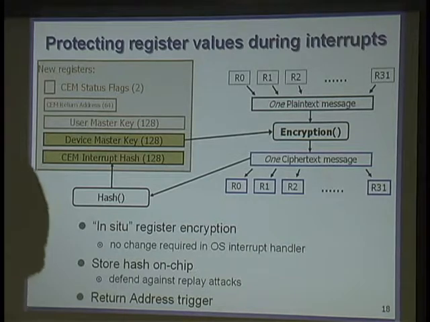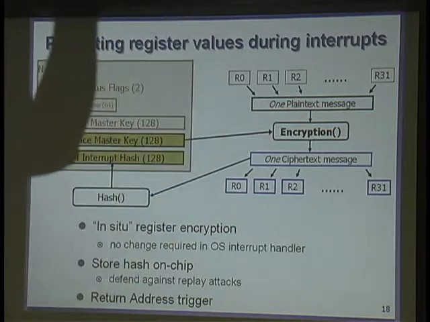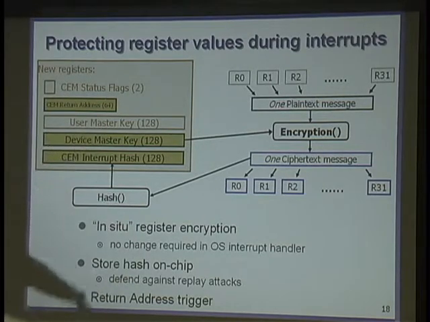Okay. So if the OS tries to come back from interrupt with a different set of register values, it won't pass the SEM interrupt hash check. And furthermore, if the OS tries to come back into this SEM thread at a different location, it will not be allowed because we also save the SEM return address.